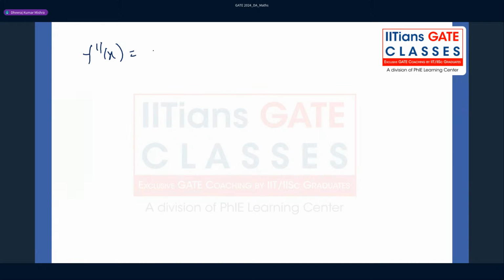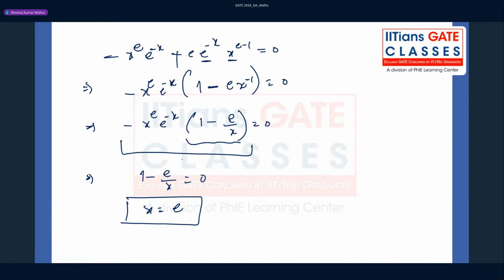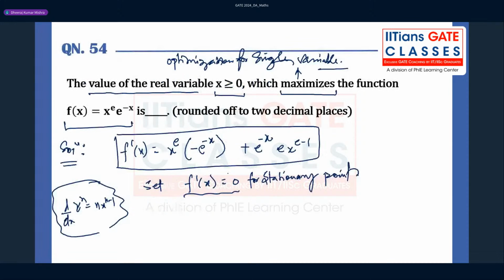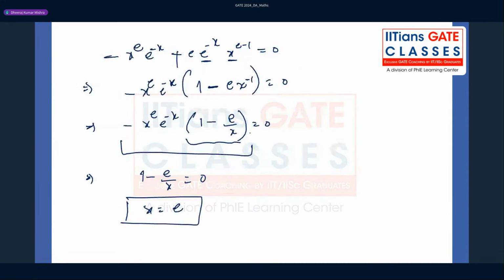That is nothing but x to the power e, e raised to power minus x, then 0 minus e by x square. You just differentiate the second part. I'm just keeping this as it is, and we are differentiating this first.